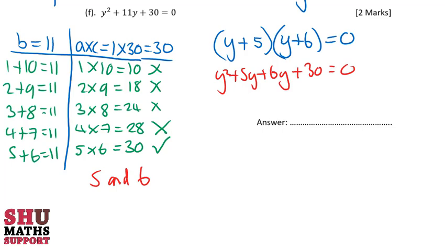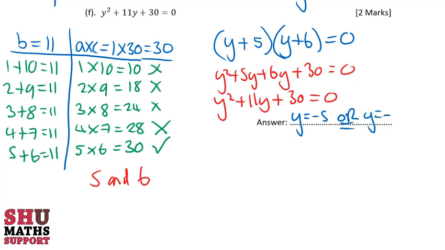And then simplify this, we've got y squared plus 11y plus 30 is equal to 0, which is what we started with, so we know our factorisation is correct. And then we need the two values of y which make the equation true. So if we flip the signs of the numbers that are inside the bracket, we've got plus 5, which means y equals minus 5, or we have plus 6, which means y equals minus 6.